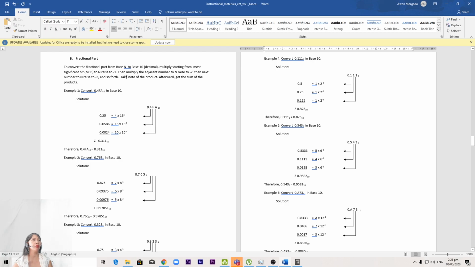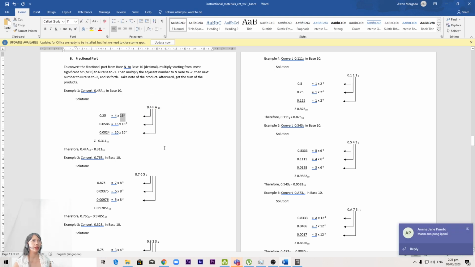Then multiply the adjacent number by n raised to -2, then next n raised to -3, and so forth. So this time we start with n raised to -1, but we start with the most significant bit.